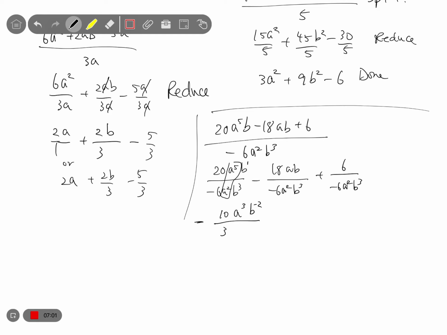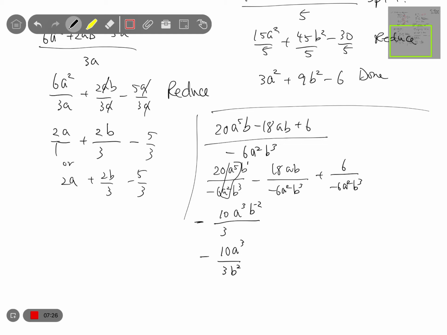We can deal with that later. Or right now, if you want to, you can take the b to the negative 2 and flip it down to the bottom. So we have negative 10a cubed over 3b squared. When you flip it down to the bottom, the sign on the exponent changes. All right, so we're done with the first fraction.